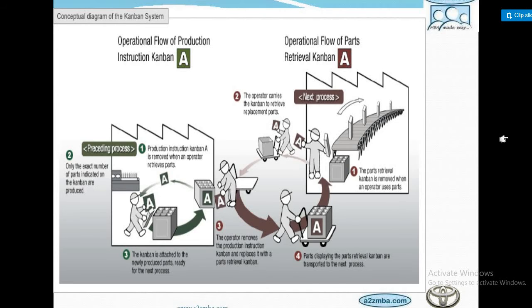Then the operator carries the Kanban to retrieve replacement parts. After that, the operator removes the production instruction Kanban and replaces it with a parts retrieval Kanban. In the fourth step, parts displaying the parts retrieval Kanban are transported to the next process. This means that once one lot is produced, we remove the Kanban and give it to the next lot. This is what we consider in the operational flow of the parts retrieval Kanban.